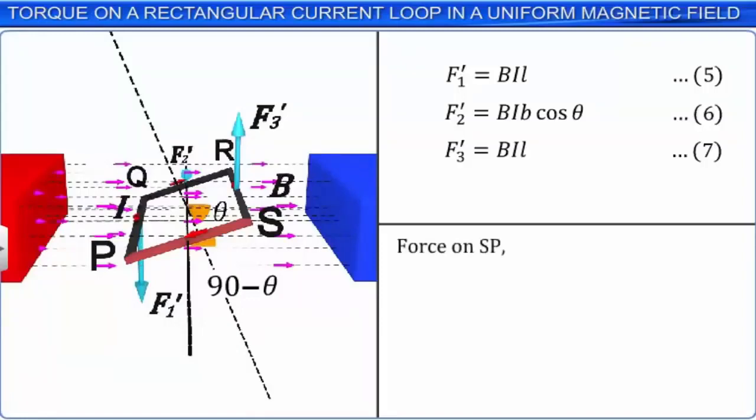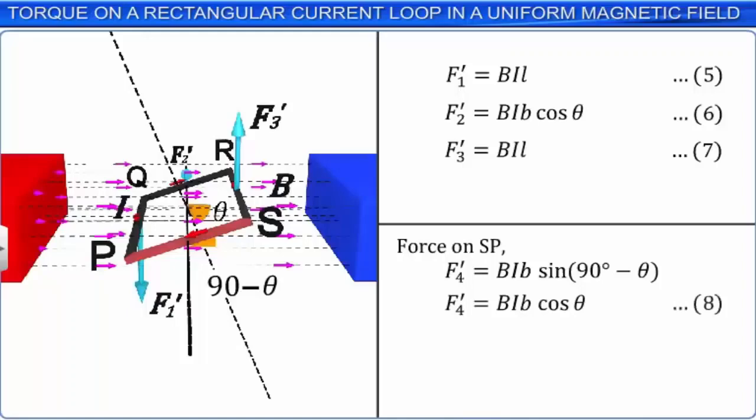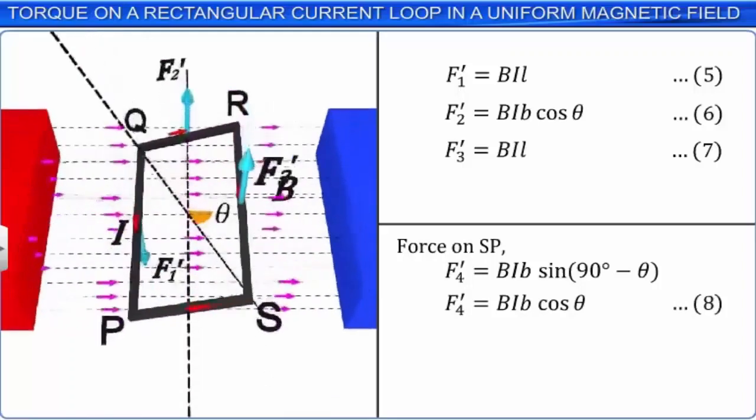Then, the force acting on the SP due to the magnetic field B is F4' = BIb sin(90 - theta), which is equal to BIb cos theta. Let this be equation 8. The direction of force F4' is obtained by using right-hand rule.